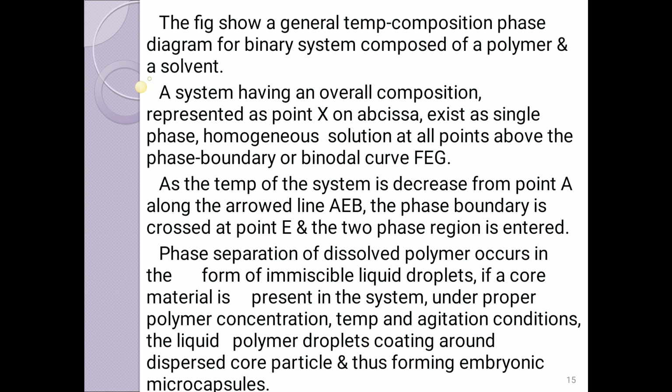And the temperature of the system is decreased from the point A along the arrow line, that is AEB. The phase boundary is crossed at point E, and the two phase region is entered. As the arrow indicates at the bottom side, below the boundary FEG, a two phase system is obtained.